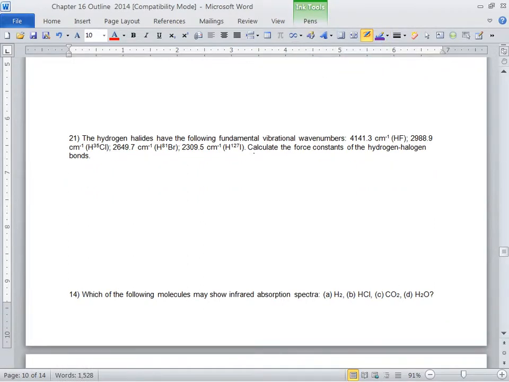Okay, the hydrogen halides had the fundamental vibration wave numbers. Okay, so calculate the force constants. Oh, so this is HF. That one's HCl. HBr.